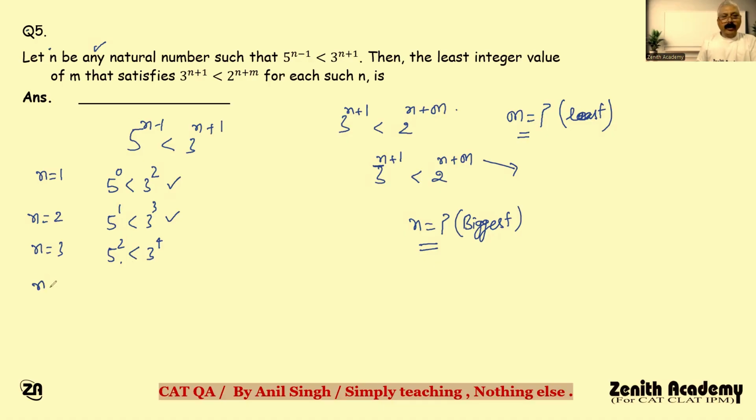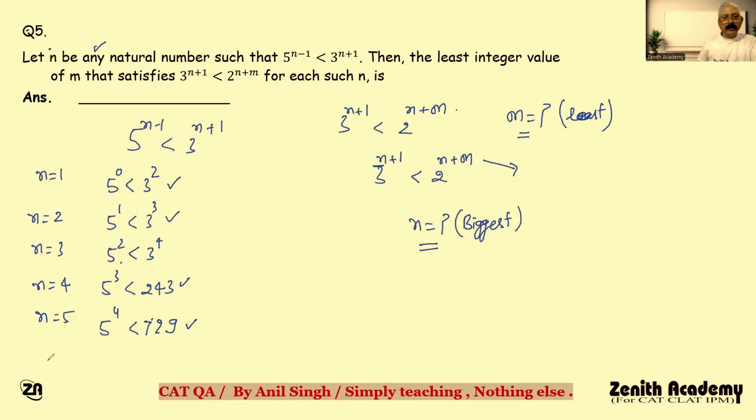If I take n is equal to 4, then this is 5 to the power 3 and this is 3 to the power 5, 243. If I take n is equal to 5, then 5 to the power 4, and here 3 to the power 6, which is 729. 729 is greater than 625. So the inequality is satisfied.